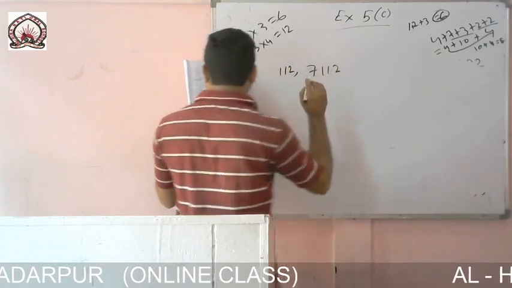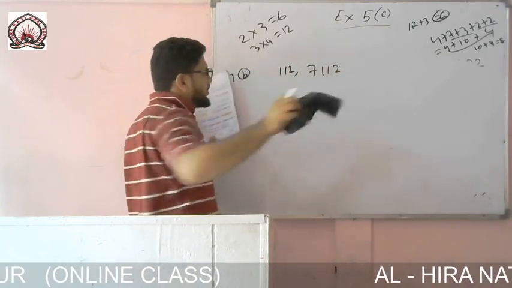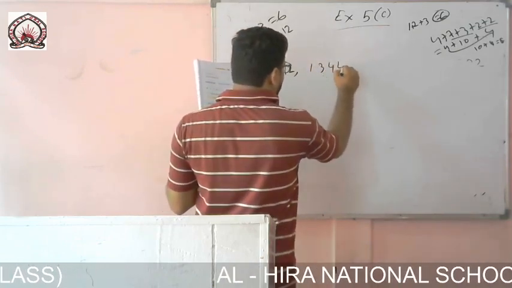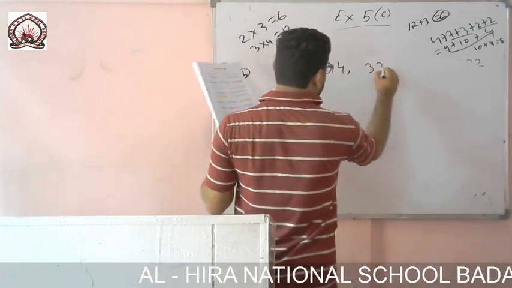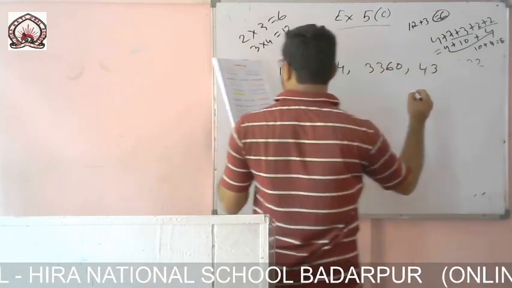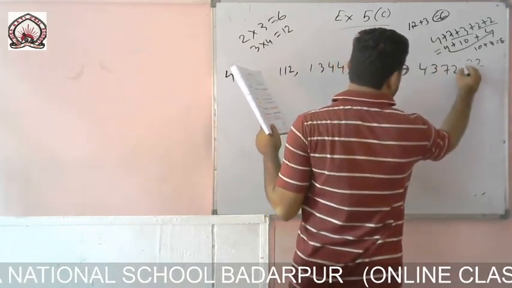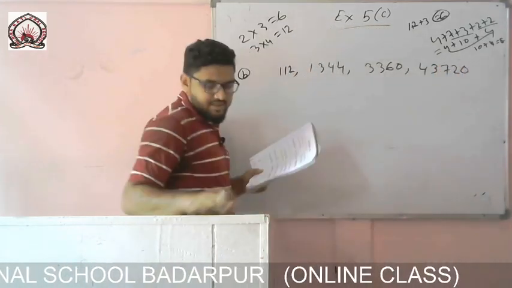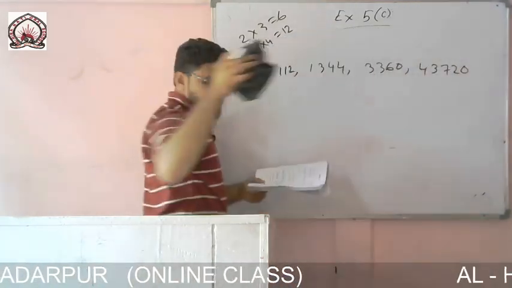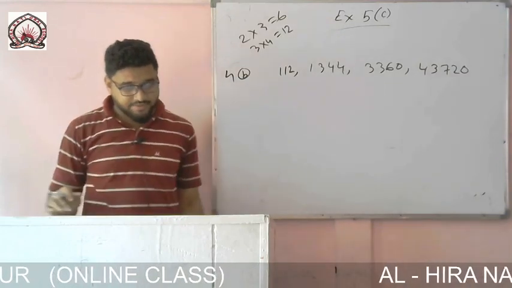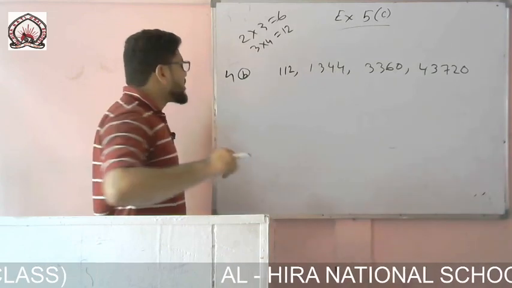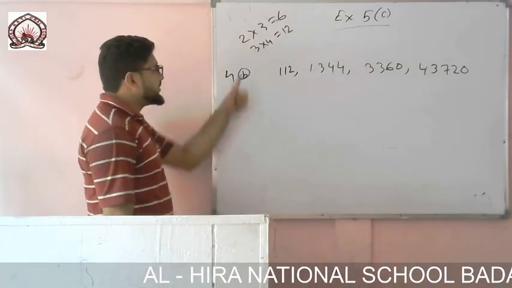112, 1344, 3360 and 43720. Okay, so first we check by 3.